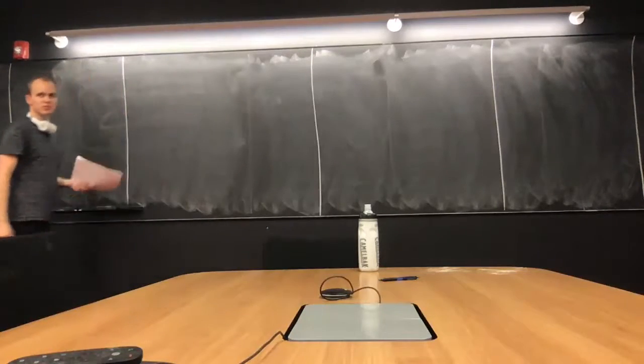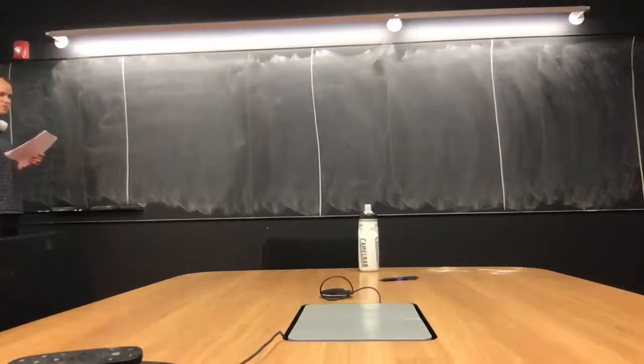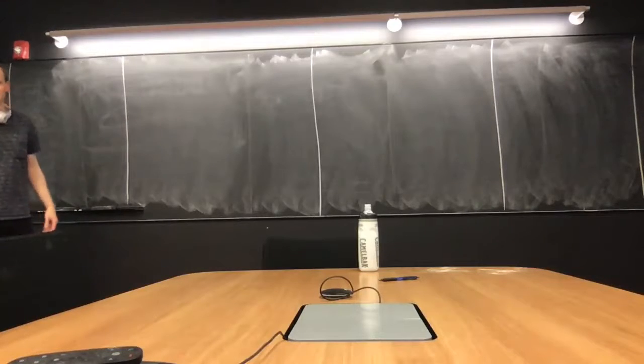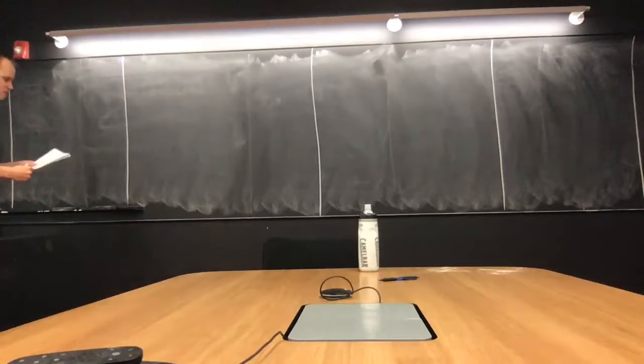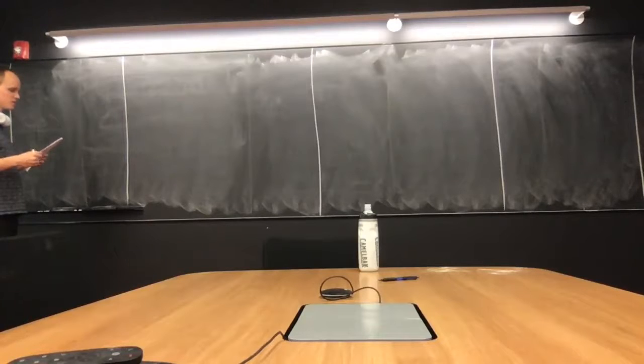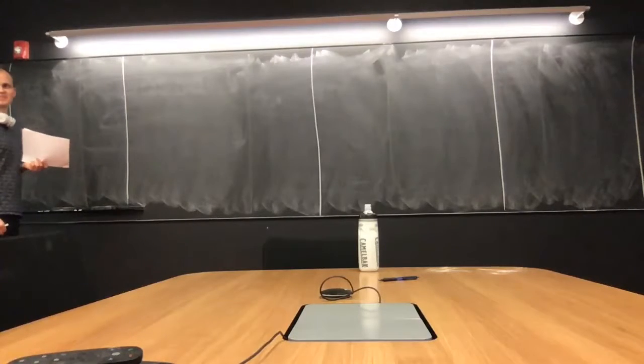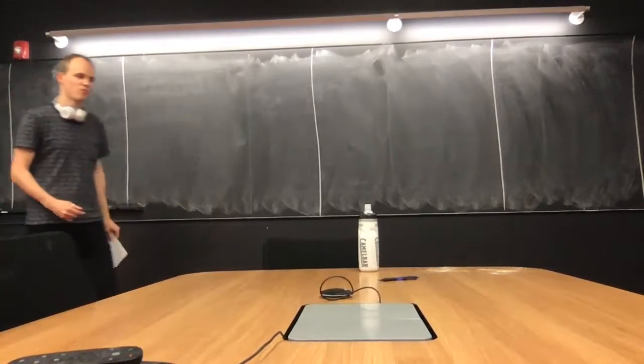Let me just start with a reminder of what we did in relative homology. You guys remember what relative homology was? Not perfectly. Let me just look at the notes.